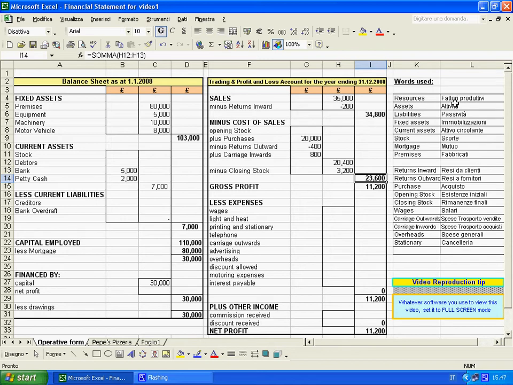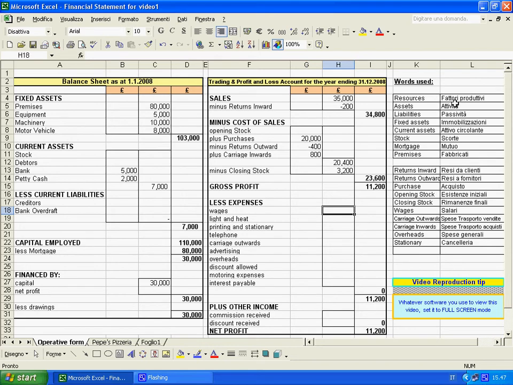The cost of the goods sold is 23,600. The difference is the gross profit. In this case, the gross profit is 11,200. But the company has to pay and to carry other expenses.